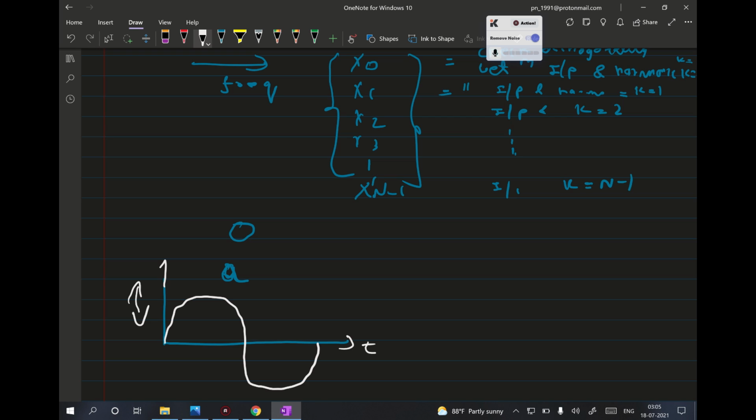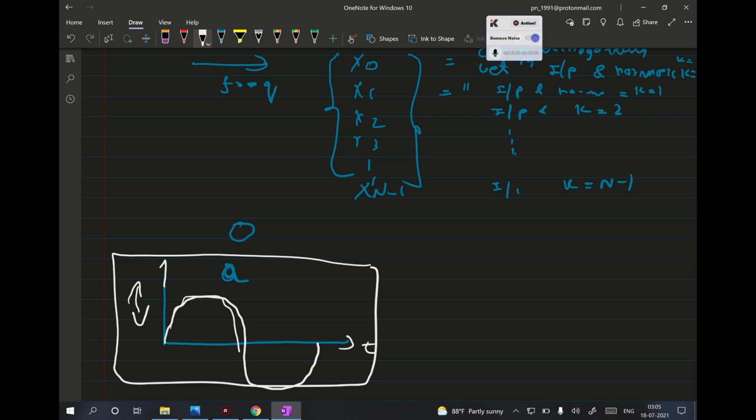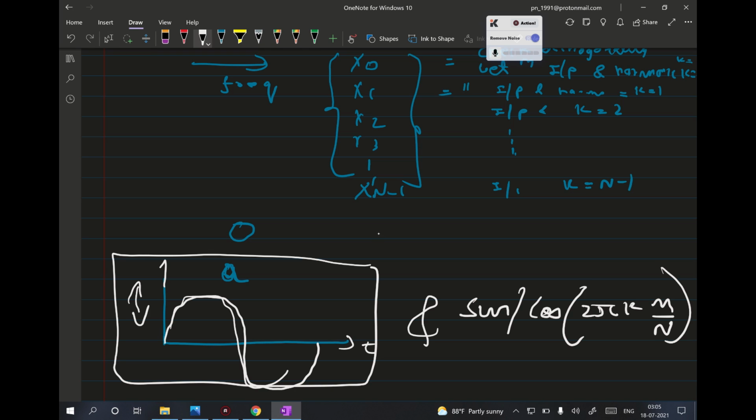The transformation will check the orthogonality between my input data, this sine wave, and the sine cosine of 2 pi k n by N, where it will keep changing the frequency for the output vector.